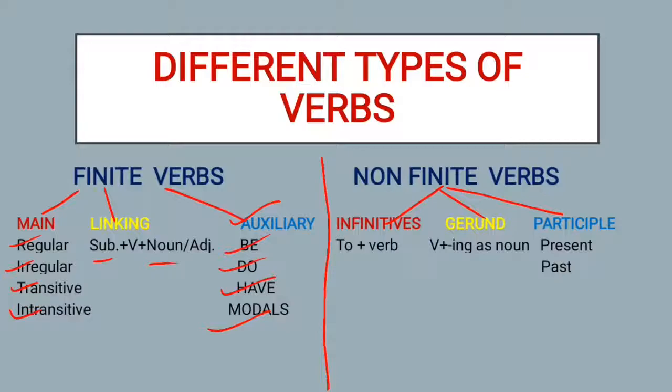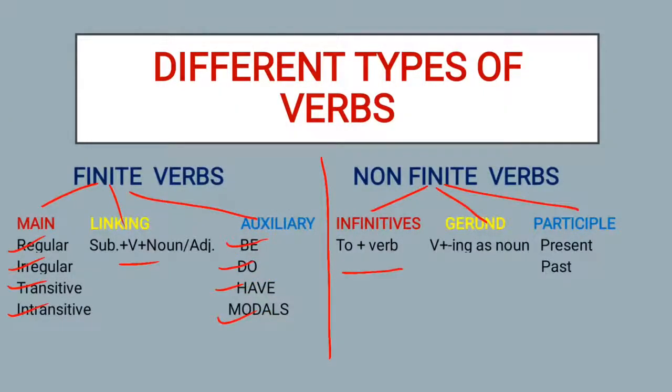Then we also learned that infinitives are to plus verb. Gerunds are ing forms of verbs which look like verbs but act as nouns. And then we have participles which are further of two types, present participle and past participle.